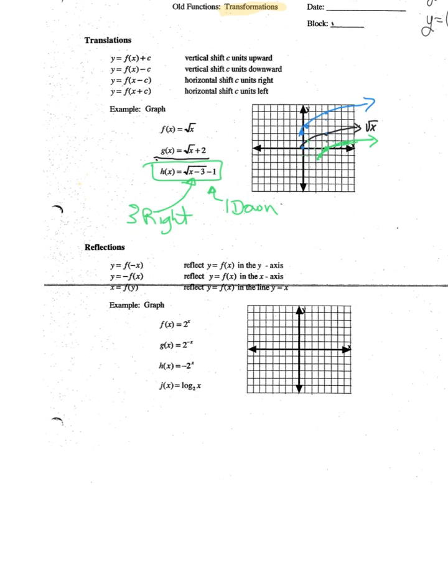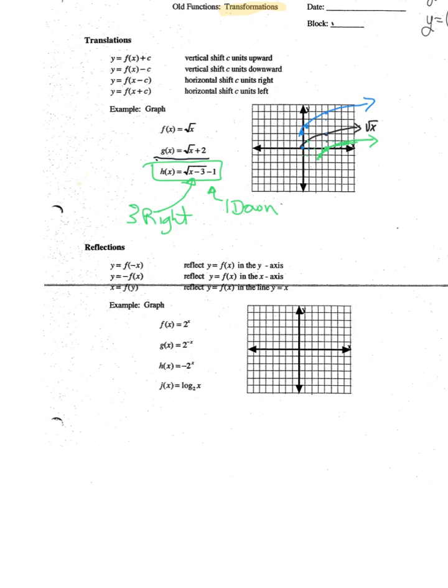What about reflections? Okay, so when we're reflecting, we're changing signs. When we change the sign in x, we reflect over the y-axis. When we change the sign in front of the function, we reflect over the x-axis.